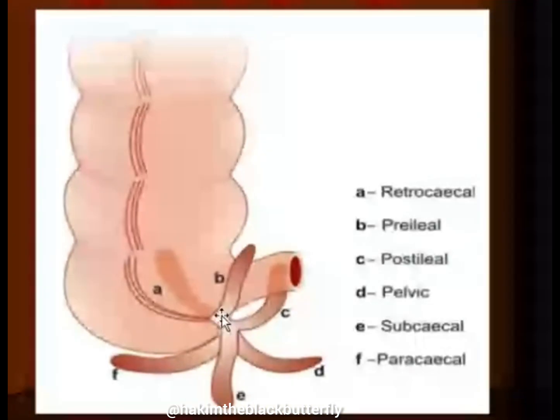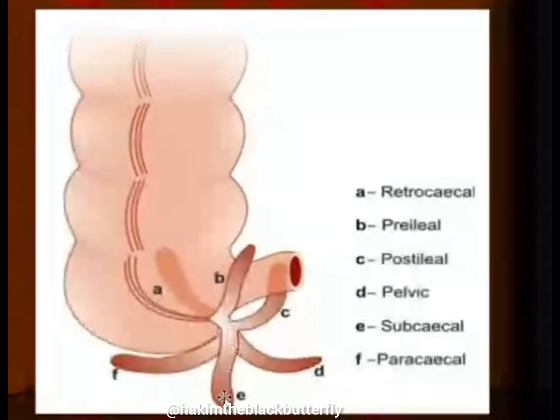It can be lying anterior to the ileum, and this is known as pre-ileal. It can be lying posterior to the ileum, and that is known as post-ileal. It might be hanging down in the pelvis where most people expect it to be, that is the pelvic appendix.